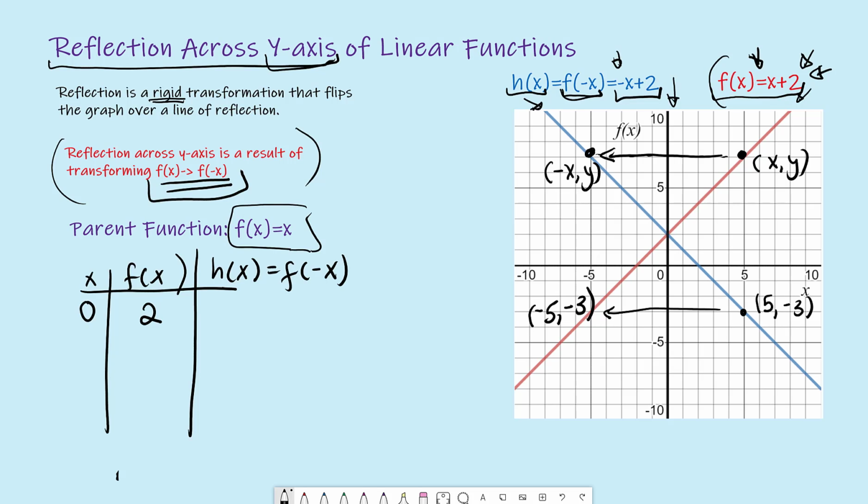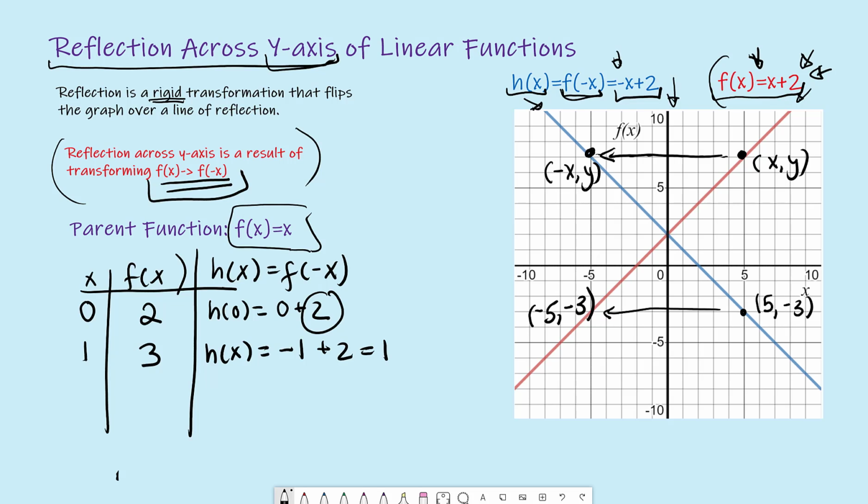And our h of x for x equals 0 is the same, right, because h of 0 equals 0 plus 2 as well, because 0 and negative 0 are the same. So again, we get 2. What about x equals 1? So f of x equals 3. We have x plus 2. But h of x now equals negative 1 plus 2, which is just 1.